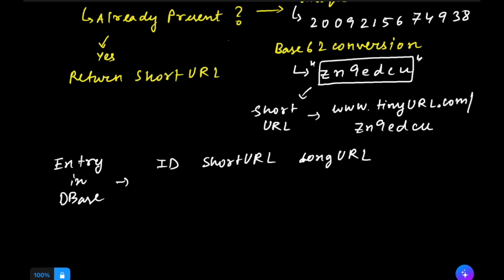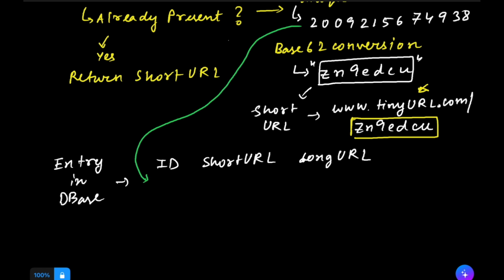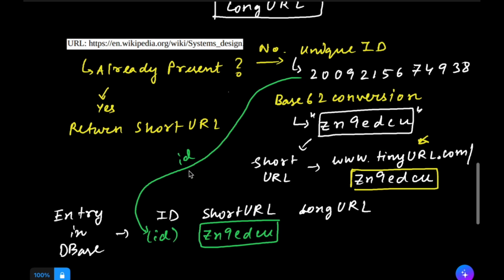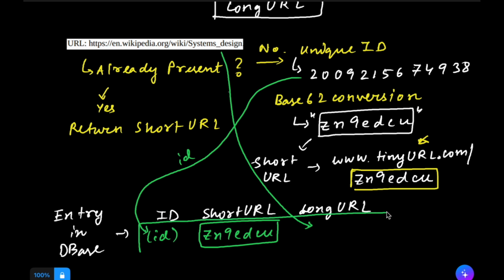Instead of storing the entire URL, we only store the hash value because the rest is common for all; this is the domain name. The ID is stored here, I'm not writing it again, it's huge. Then this is the short URL ZN9EDCU generated from this ID, and the corresponding long URL is entered here, and thus we get an entry in the database.